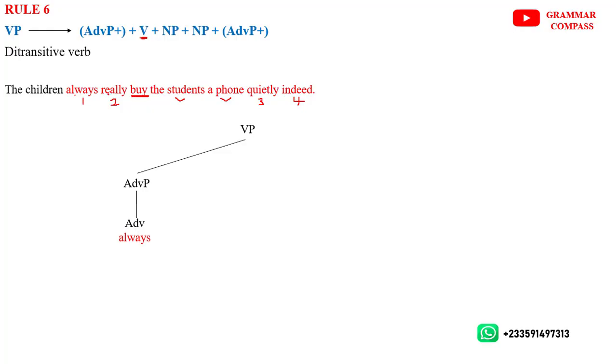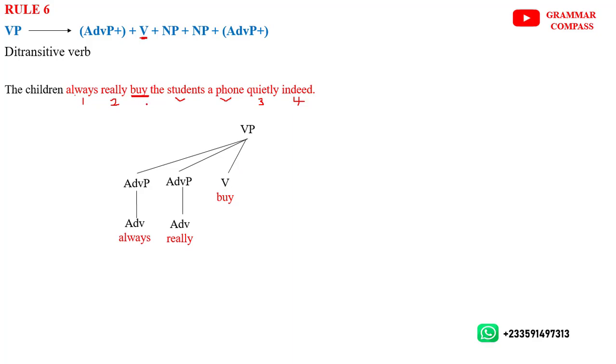Let us move on to really. Really is also an adverb phrase. So the verb phrase also consists of another adverb phrase in the modifying slots, and this adverb phrase consists of only 1 adverb, that is really. Let's move on and account for the head word, that is buy. Buy is going to give us this branch, and then we write our verb buy.